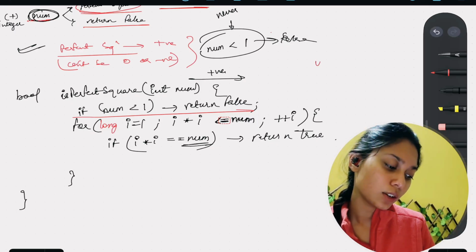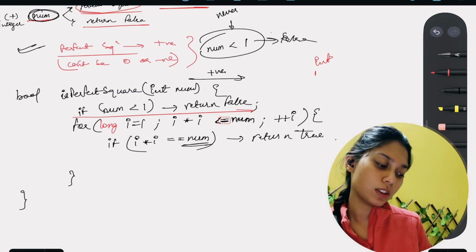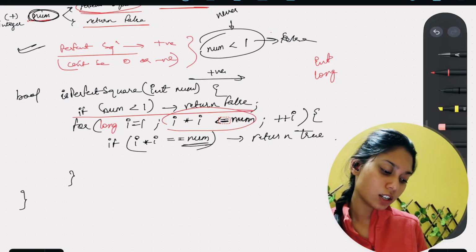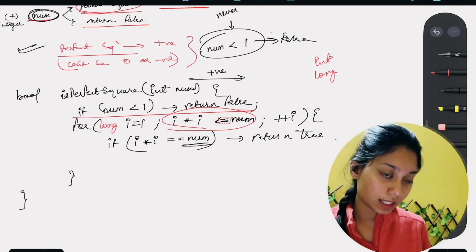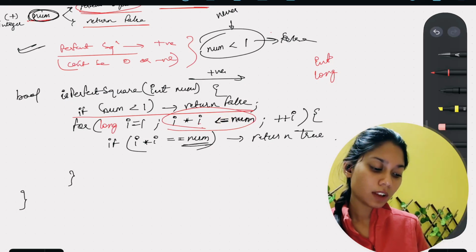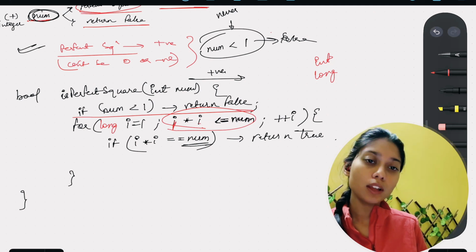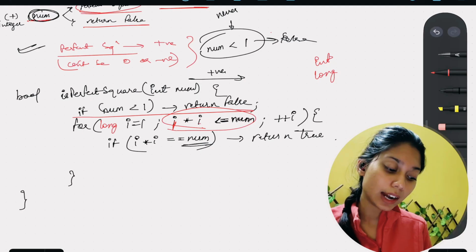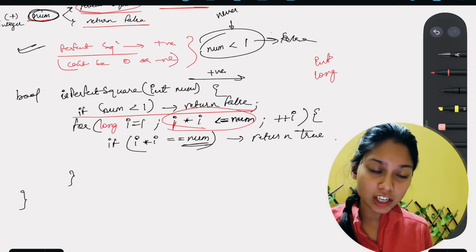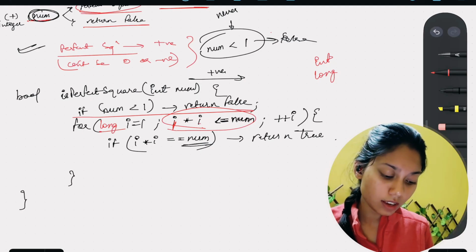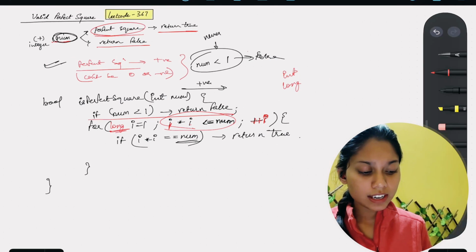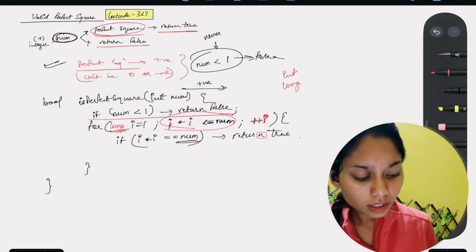Instead of using an integer type we use a long, because in this condition we are multiplying i by itself, and what if i is itself a bigger number and when multiplied by itself the value is bigger than what an integer can store? That's why we're using long. And over here we're doing plus plus i because we need to check each and every number.